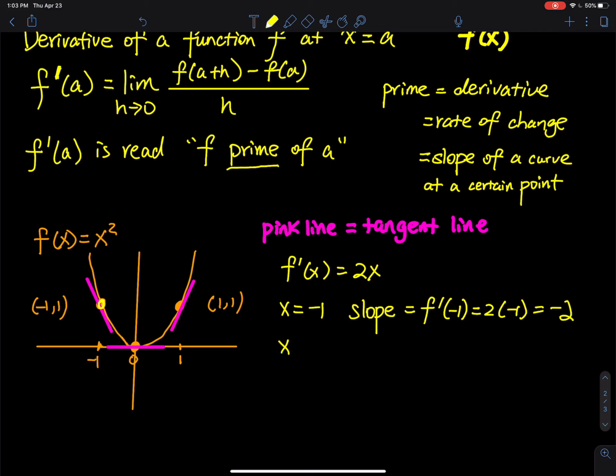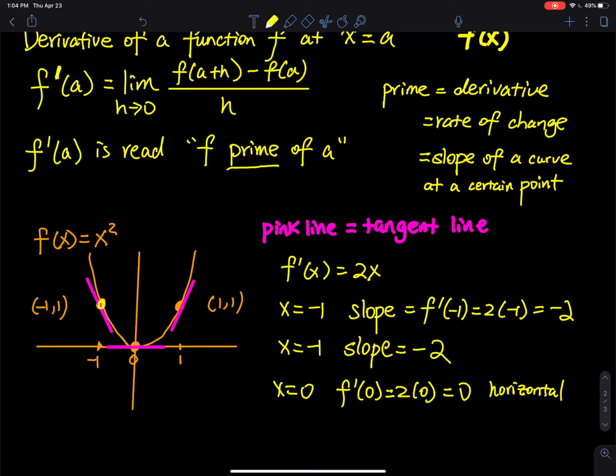So when x is equal to -1, the slope of the parabola is -2. -2 is also the slope of the tangent line when x is equal to -1. What about x equals 0? When x equals 0, the slope f prime of 0 is 2 times 0 equals 0. So the slope of the parabola at x equals 0 is 0.